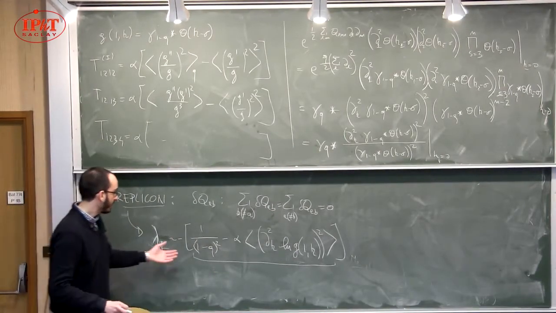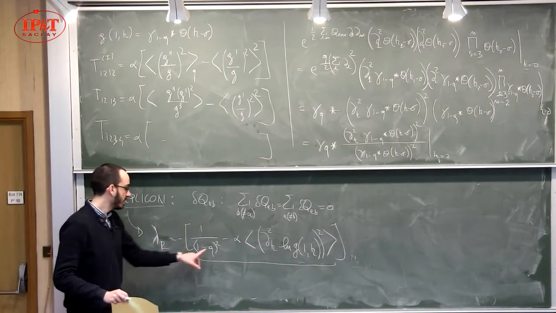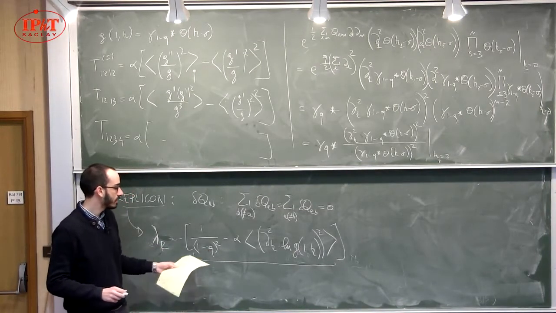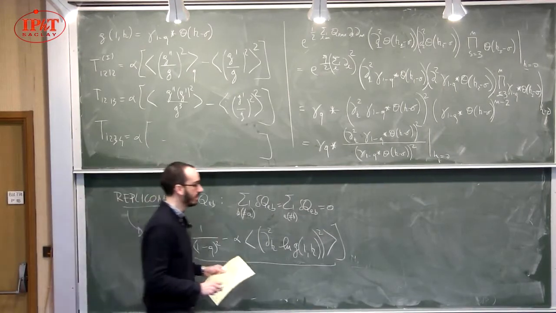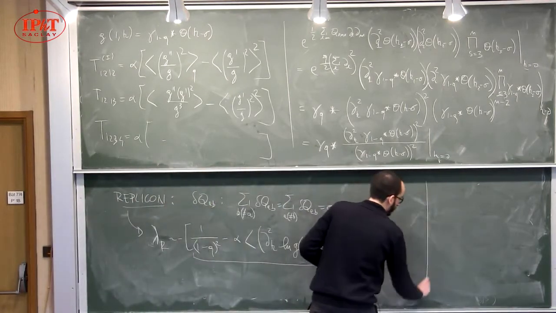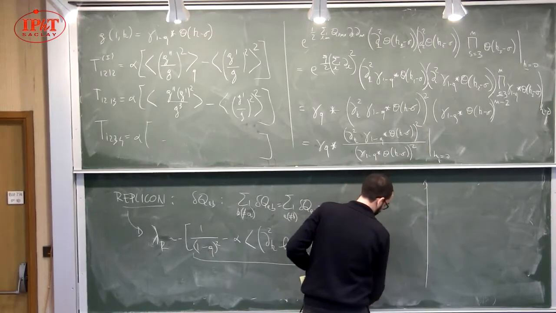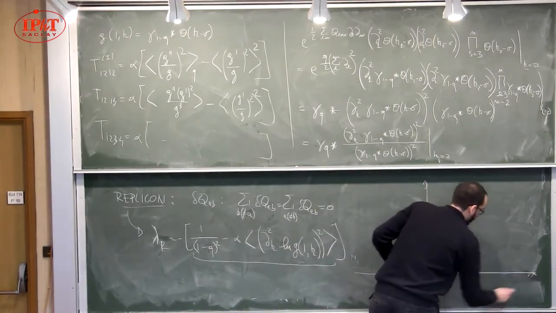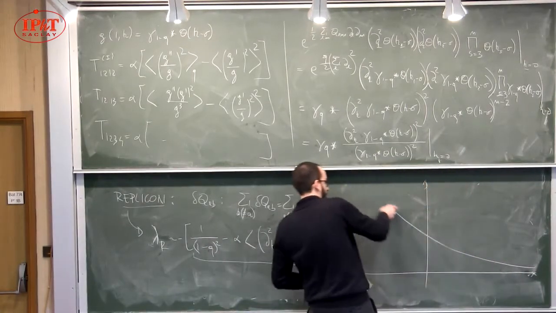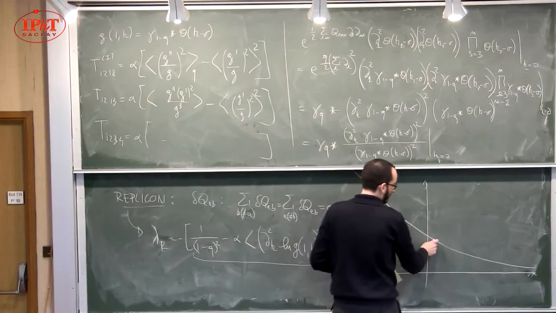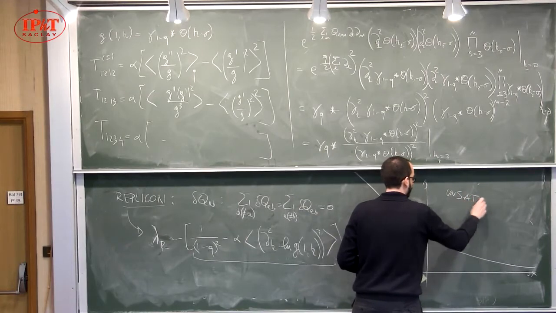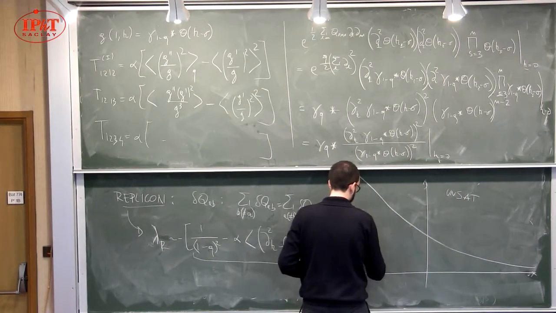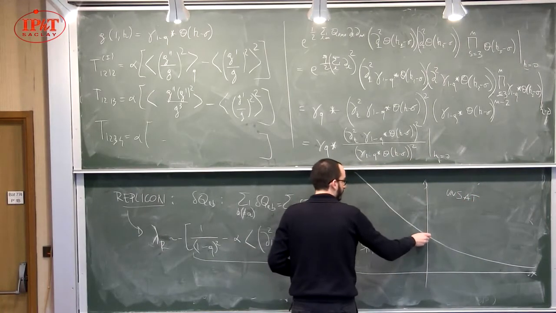But the important thing is that if you compute this on the replica symmetric solution, you discover that this eigenvalue becomes unstable at some point. And in particular, if you look at the phase diagram, this is the Unsat line. Here is Unsat. This is Sat. And there is a line here.